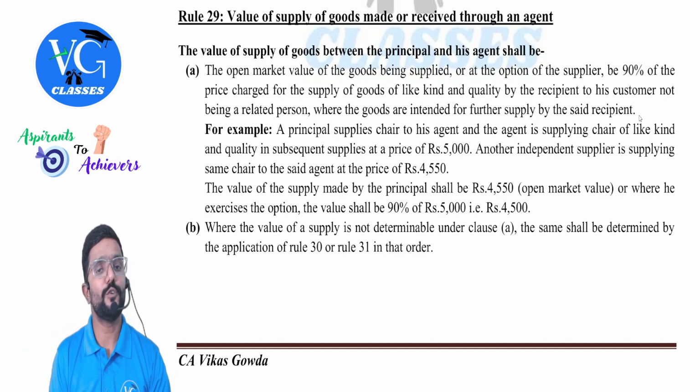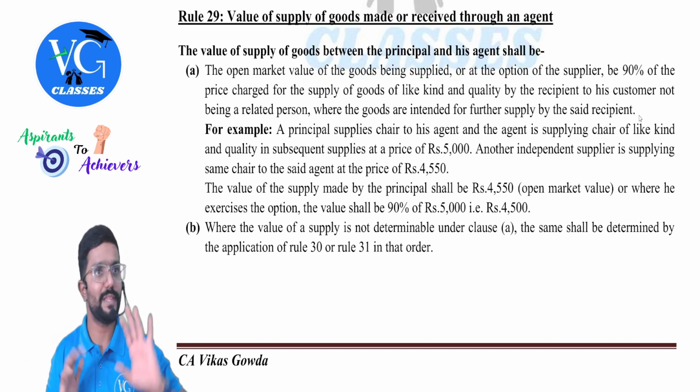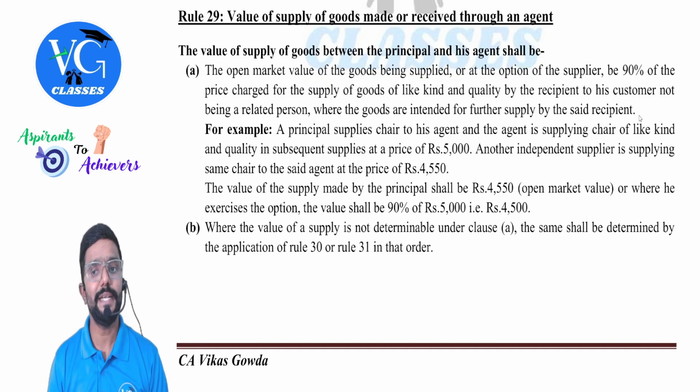The value of supply of goods between the principal and his agent shall be the open market value of the goods being supplied. Okay, that is the choice. Or at the option of the supplier, 90% of the price charged for the supply of goods of like kind and quality by the recipient to his customer, not being a related person, where the goods are intended for further supply by the said recipient.